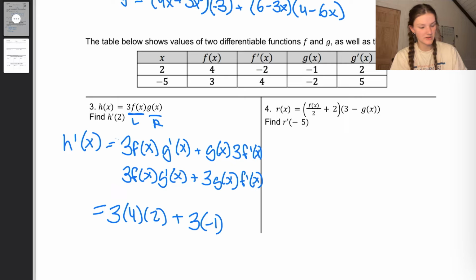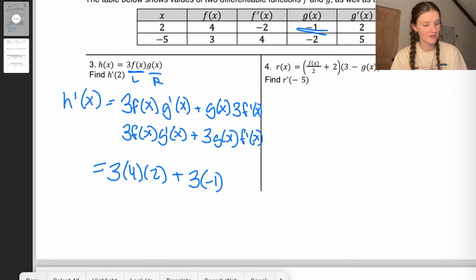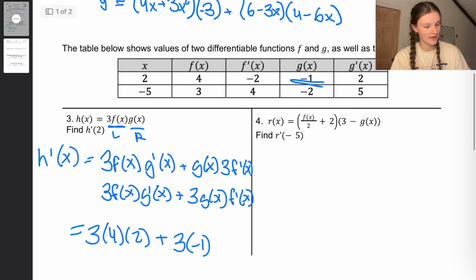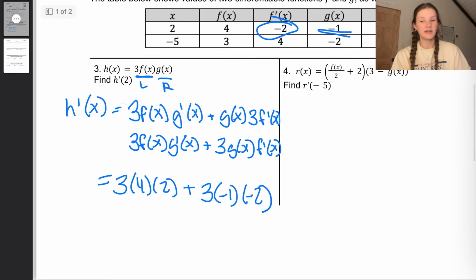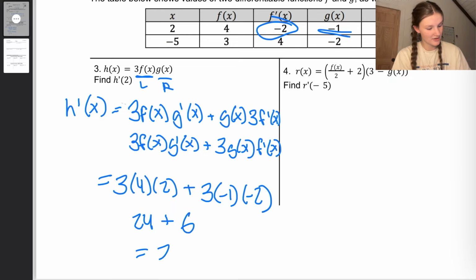If you guys know I'm getting them from here, right? I hope so. So the derivative of f of x we find right here. So that's why I'm plugging in negative 2 for this one. 3 times 4 is 12 times 2 is 24, plus 3 times negative 1 is negative 3 times negative 2 is 6. So we get 30.